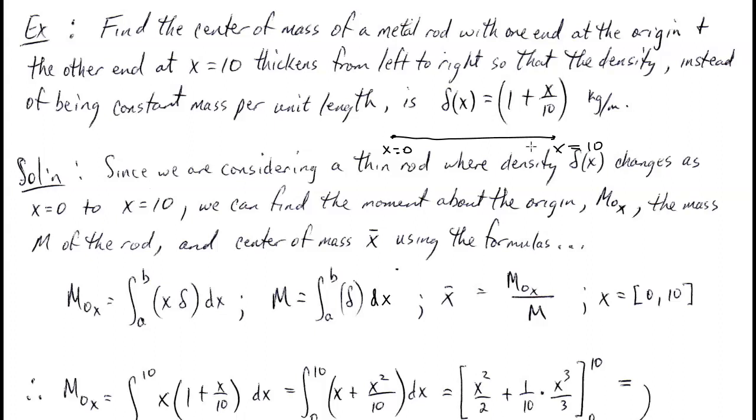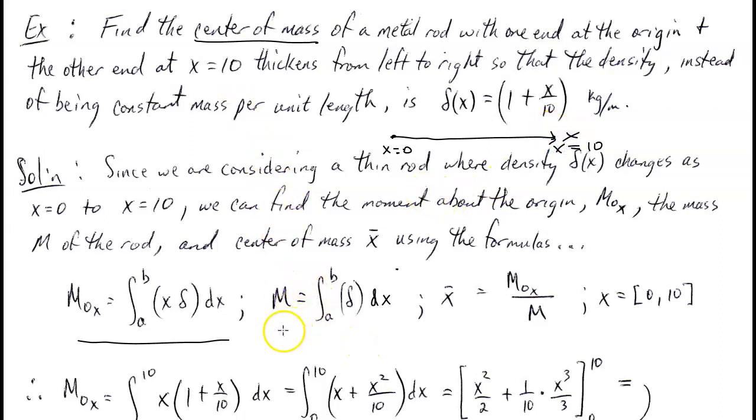Okay. So from here, of course, our main goal is to find this center of mass. Now, since we know that we're looking at a rod, and we're looking at it horizontally, we could look at it vertically, but to make life simple, we're just going to look at it horizontally. We know here that this is going to be the formula for the moment about the x-axis, and we're assuming that this is going to be an x-axis here.